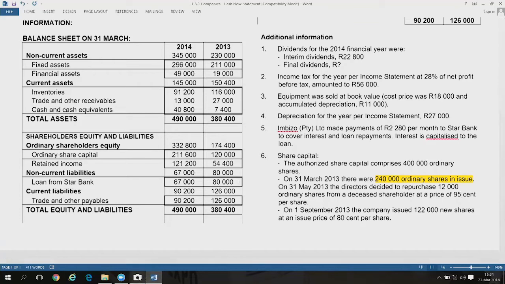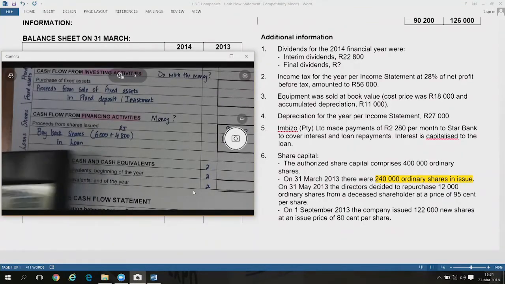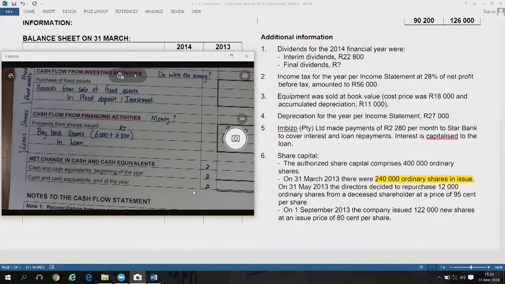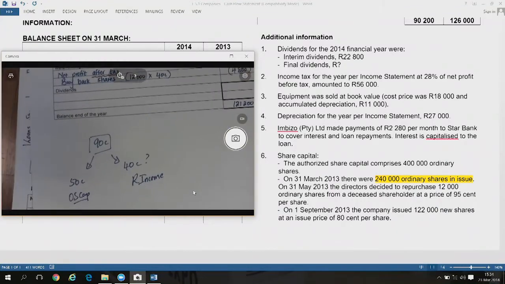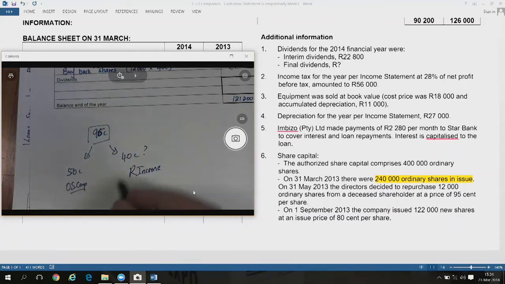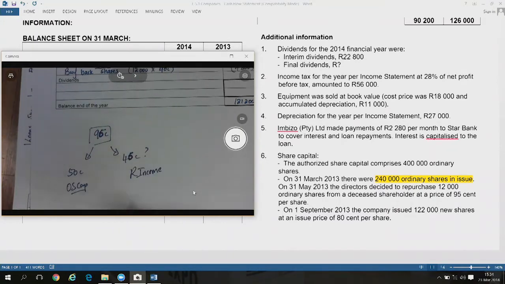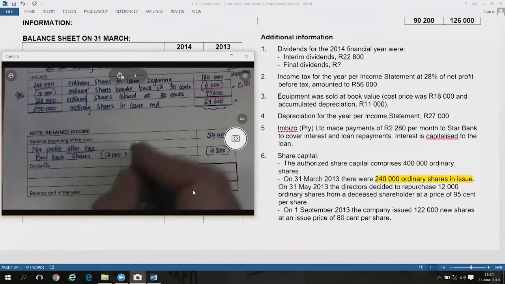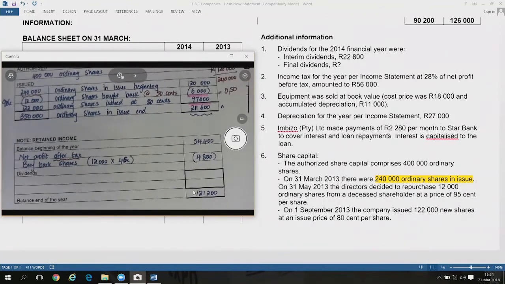So we go back to retained income. The 95 cents we split between 50 and 45 cents. Okay, are you with me? Then we go back there and we make it 45 cents.